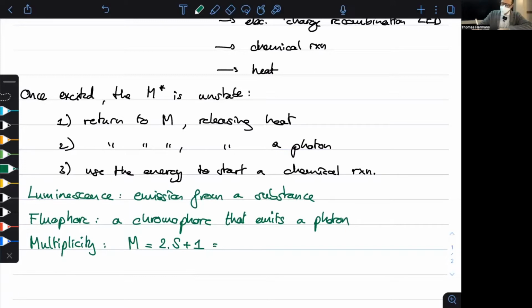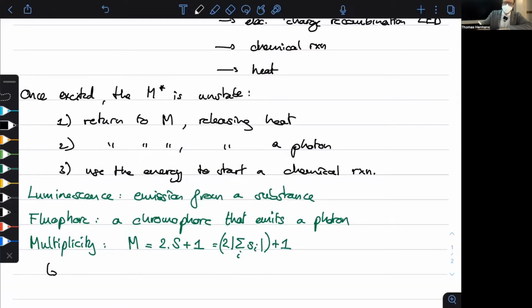S is the sum of all spins. You know this notation, right? Sum of s_i means all the different s's summed up. And then these vertical bars are absolute value. So we take the absolute value, 2 times that, plus 1. This sounds very technical, but it's actually very easy.